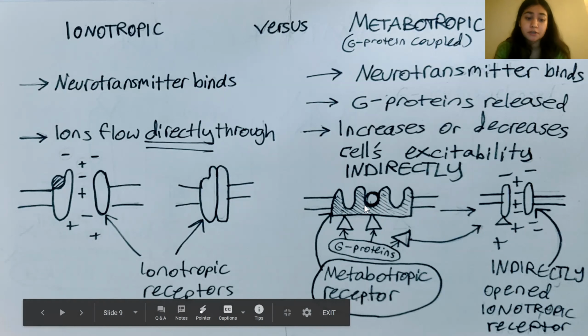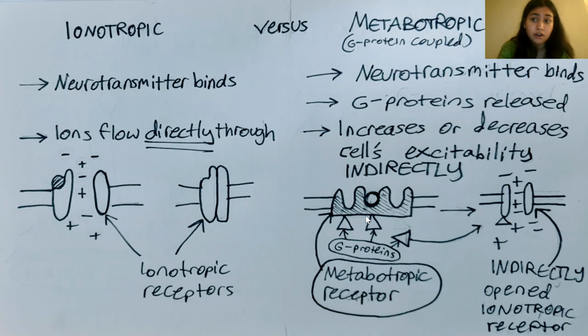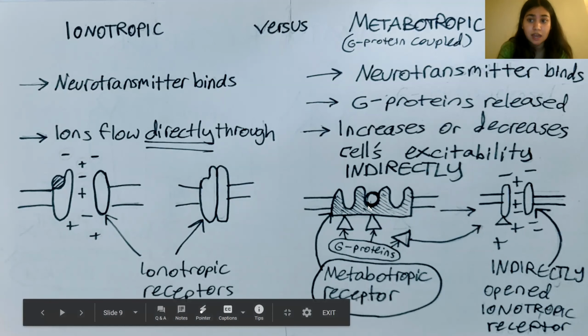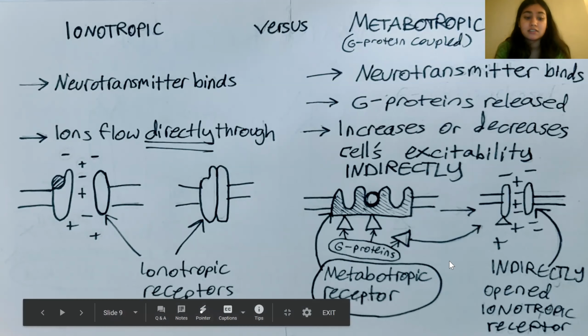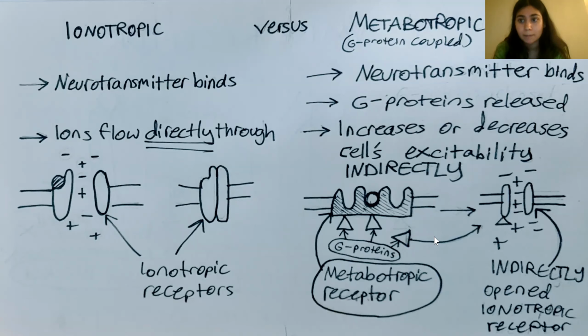But the metabotropic receptors themselves don't have ion channels in them. They indirectly open other channels or indirectly perform other mechanisms that can increase or decrease the cell's excitability.